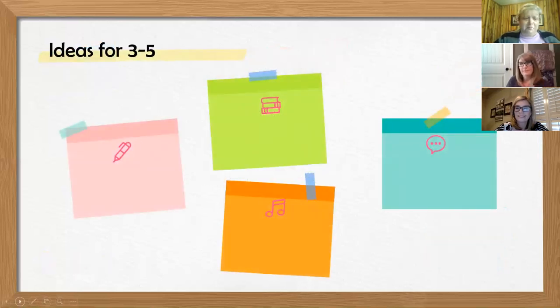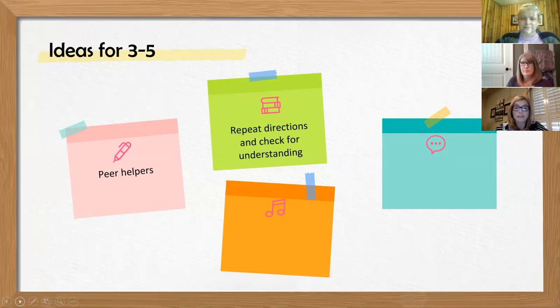Yep. Okay. So now let's take a look at some ideas for 3-5. Usually when students enter upper elementary school, we're more likely to try to integrate language acquisition in with content. One of the things we can do is assign students peer helpers. Students like to help each other.